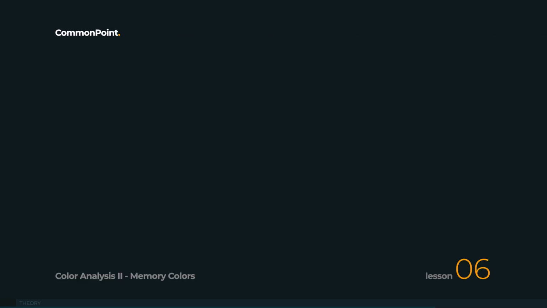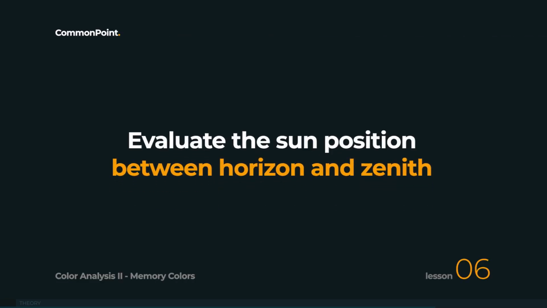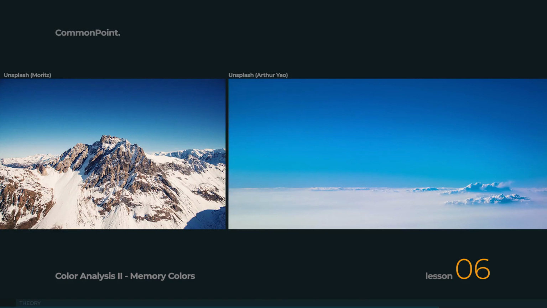The first would be where you are, or more precisely, where the sun is in the sky. It is essential to realize that the sky will vary drastically, not only in terms of hue, but also in brightness and saturation. We can see another work here.